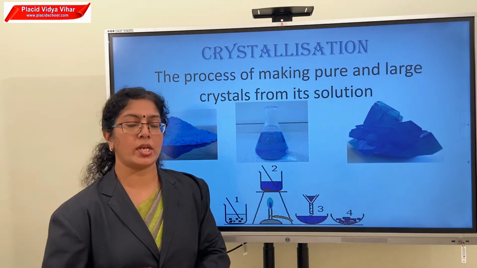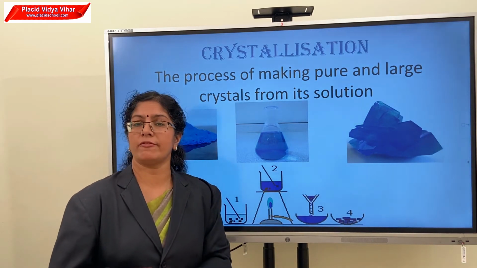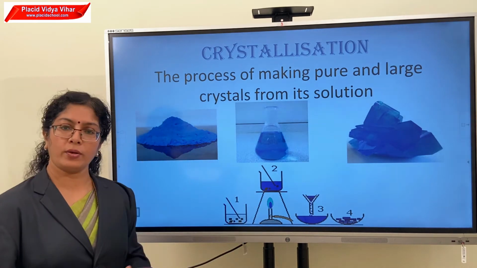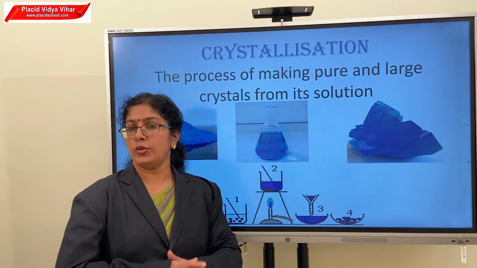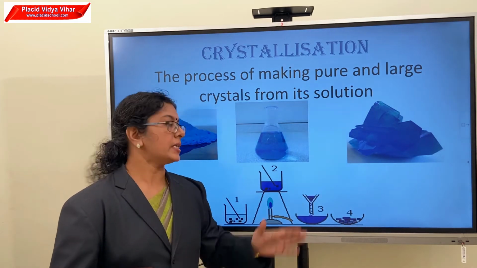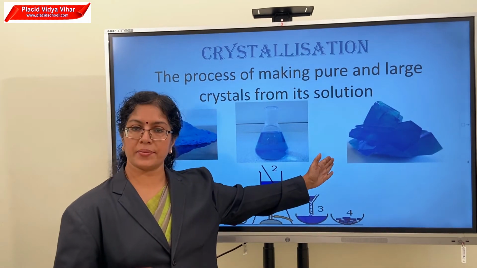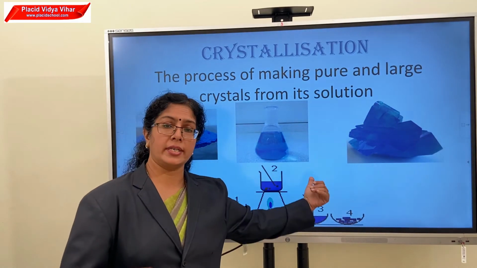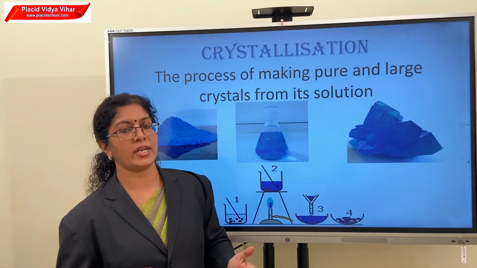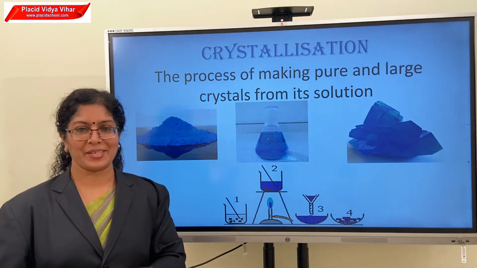But observe the change. What happened to copper sulfate? It was in the form of powder, now it is in the form of big crystals. No change in its qualities, only its size changed. So, according to the change that occurred to copper sulfate, it is only physical in nature.